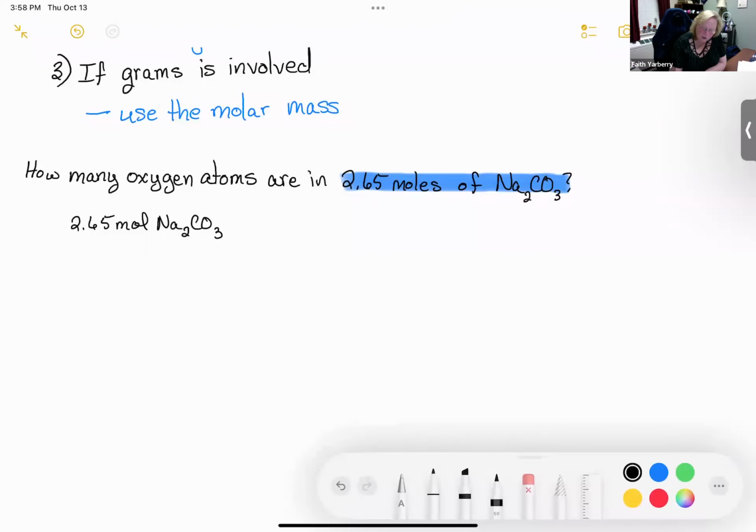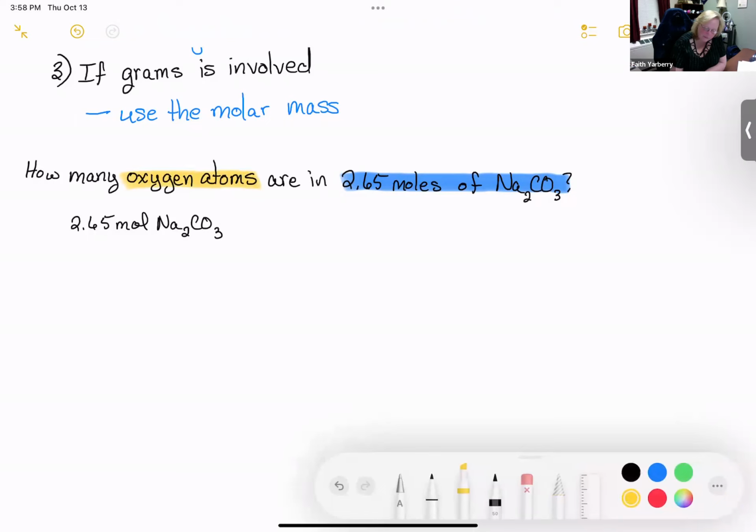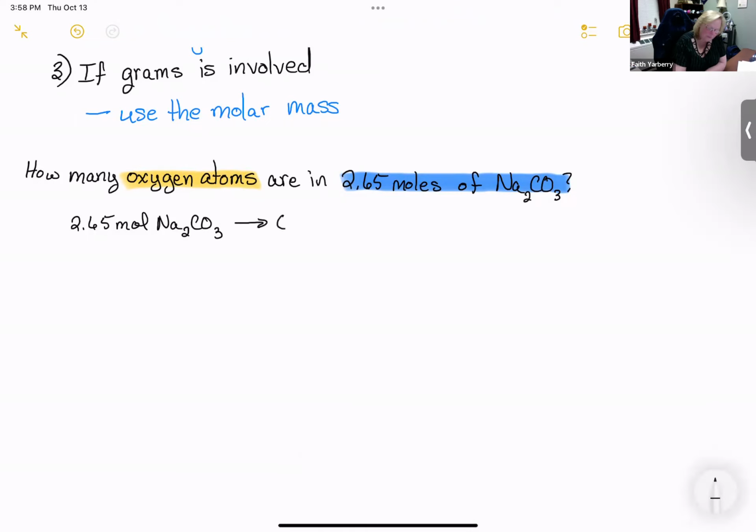I also told you to identify what you want to solve for. I want oxygen atoms. Now, this is where I'm going to use that number 1, 2, and 3 from above to help me figure out the possible conversion factors I want.